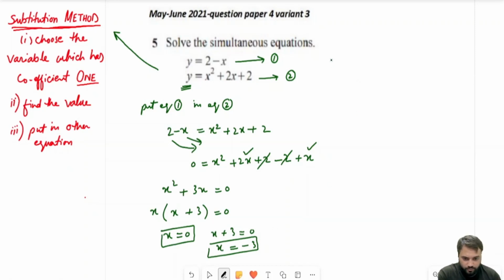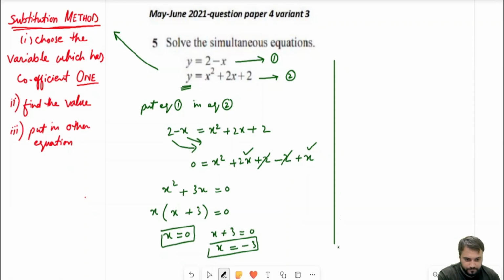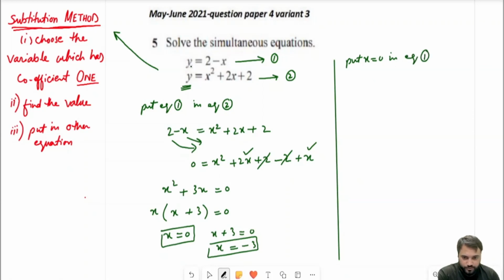Now we need to calculate the value of y. Put x is equal to 0 in equation 1. Our equation 1 is y is equal to 2 minus x. So it will become y is equal to minus 0, y is equal to 2.